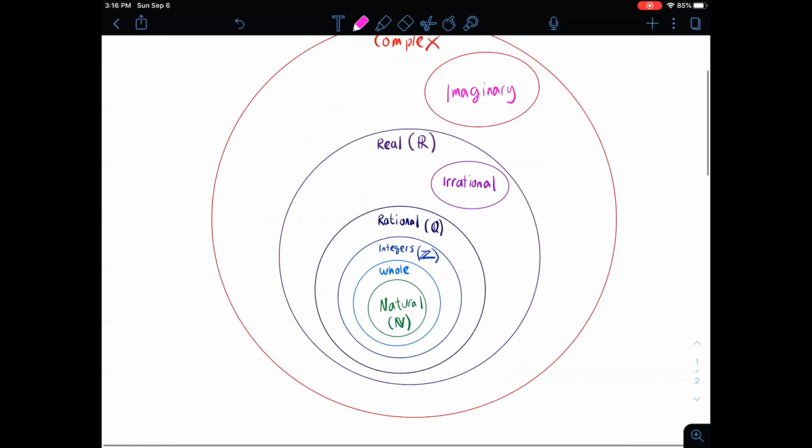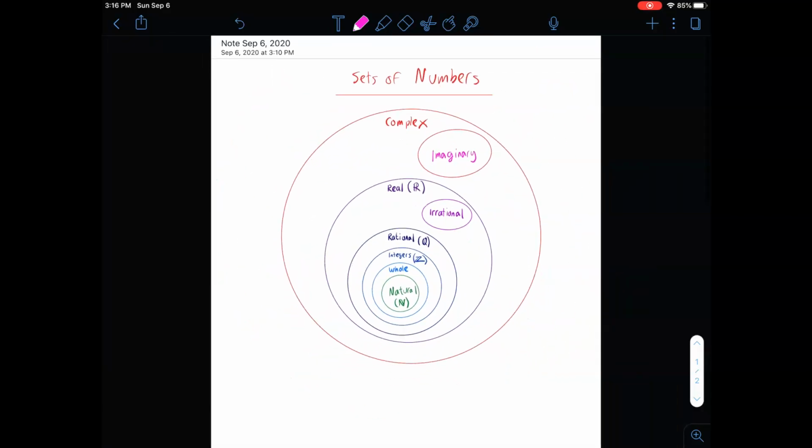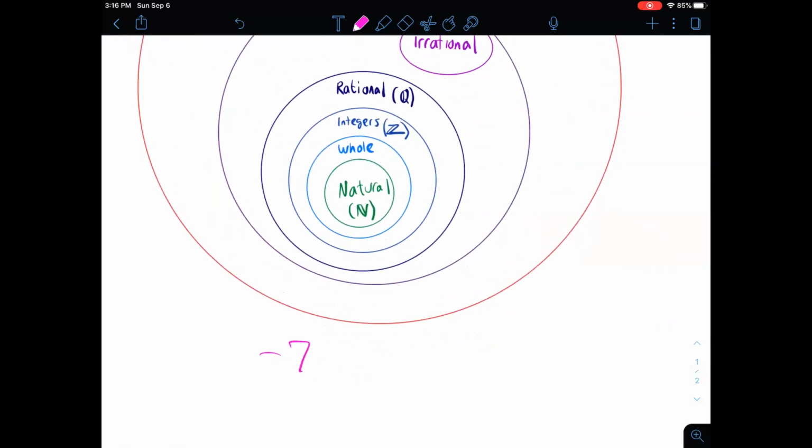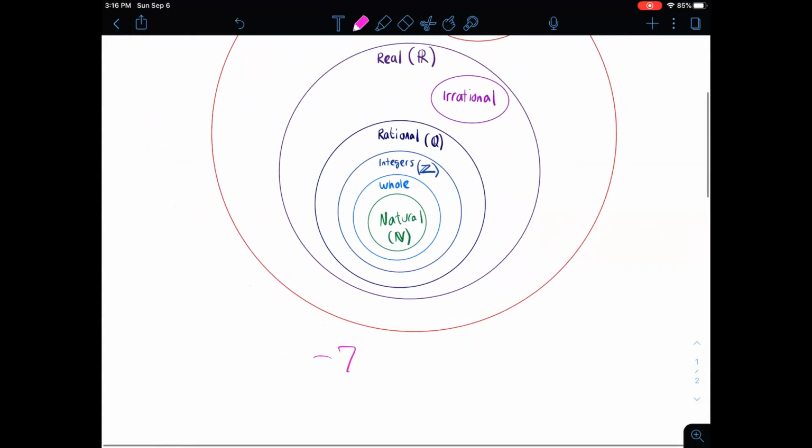So what you would do, if we go back to an example, say we're trying to figure out where -7 would be, okay, -7. Well, -7 is a negative whole number, right? So what type of number would that include? What would be the most specific definition or set of number we would use? Well, it's going to be an integer, right?